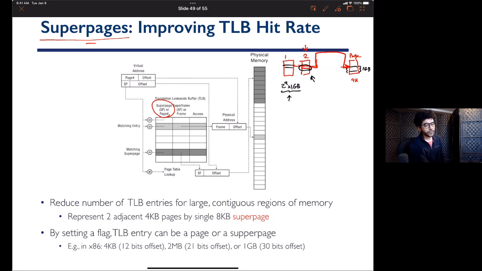So if I want to use page table level 3, this one could just bypass level 4 and point to a 2 MB superpage. So I can have 2 MB superpages, I can have 1 GB superpages, or I can have just my regular pages, which are 4K. So this will allow us to not need a lot of address translations.